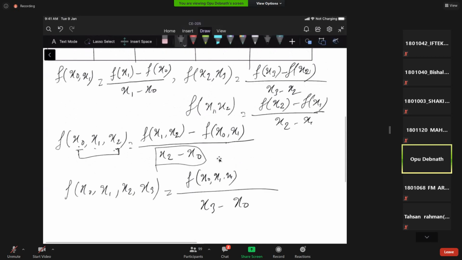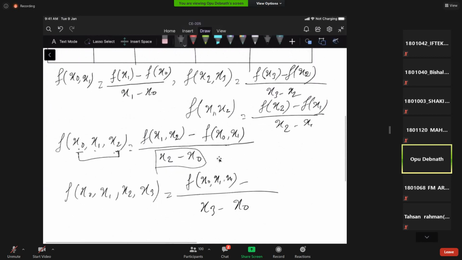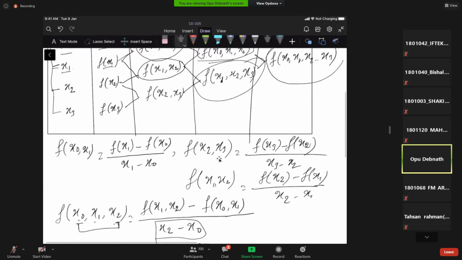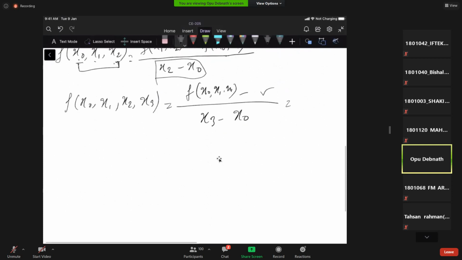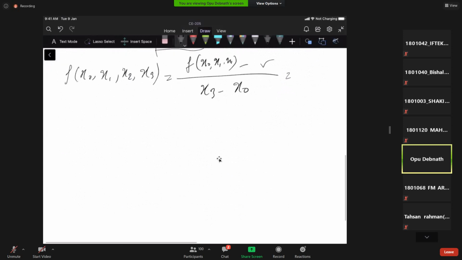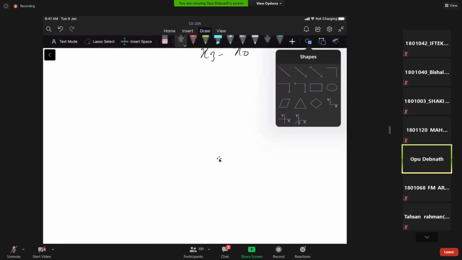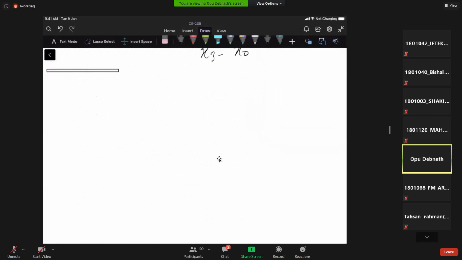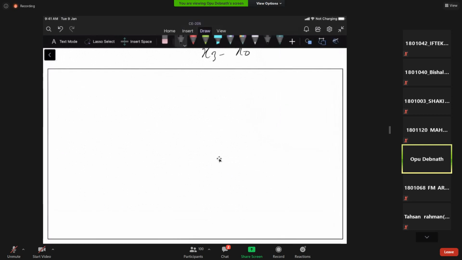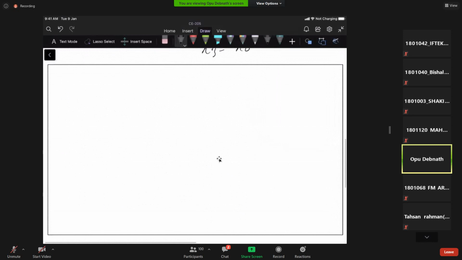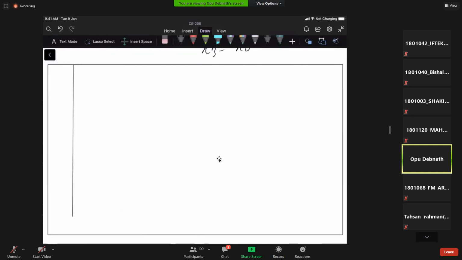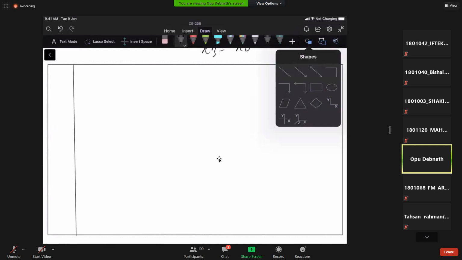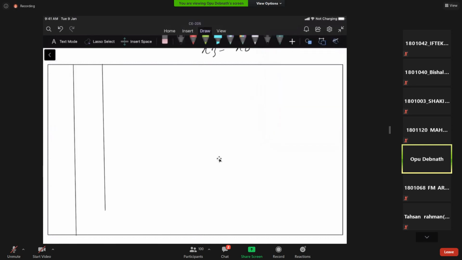That means this term minus this term, and you will find the third difference. So let's explain with a numerical example from the above concept. If we can solve an example, our concept will be clear. It will help us. This is your x column, next column y.